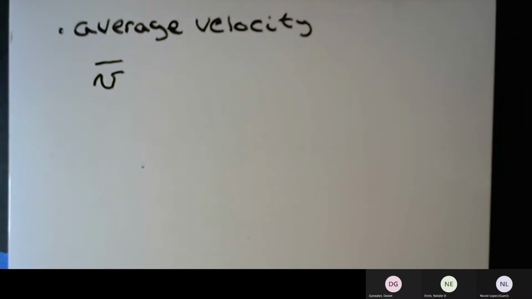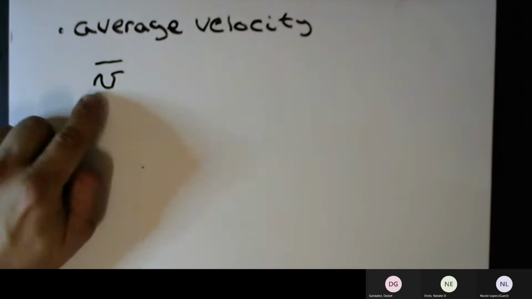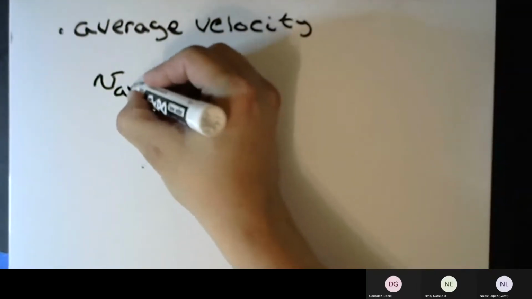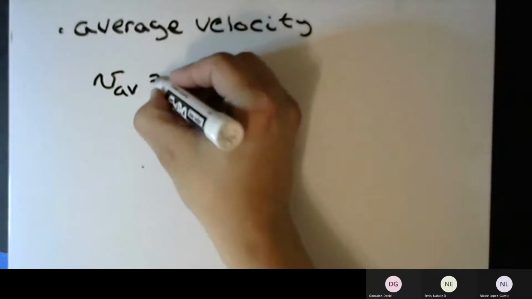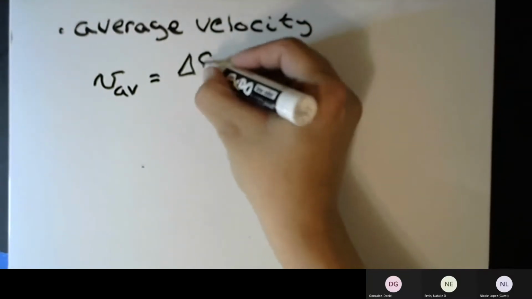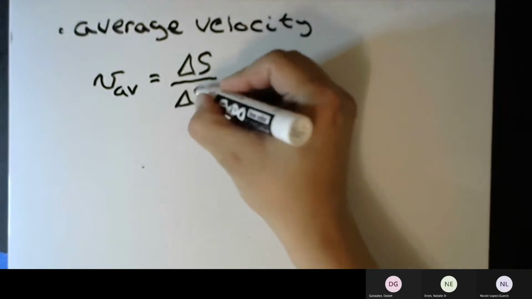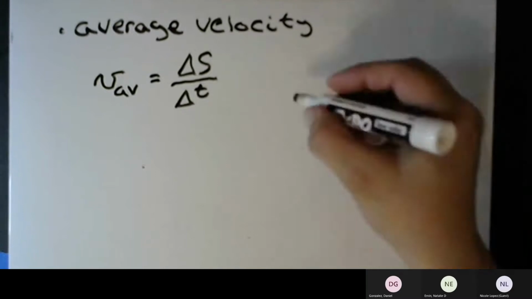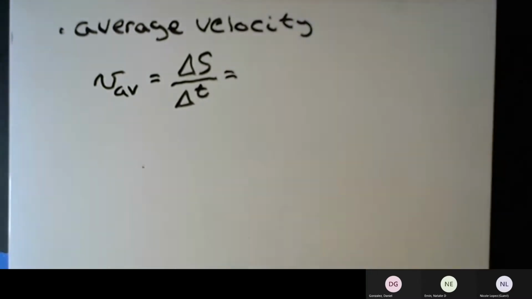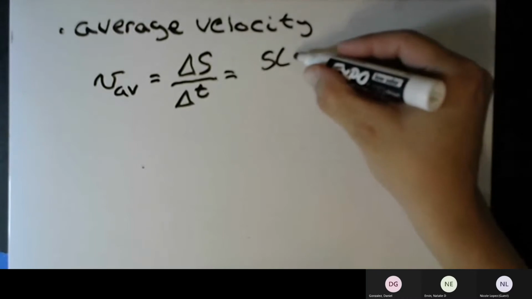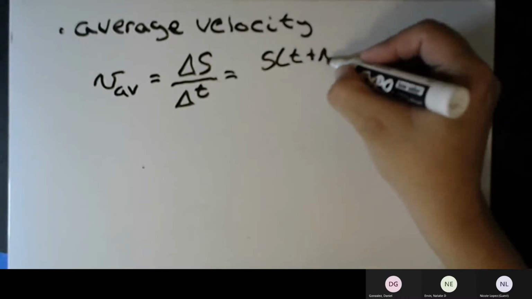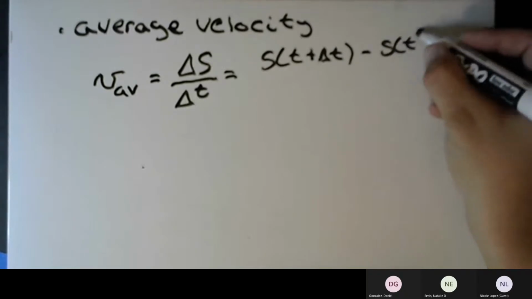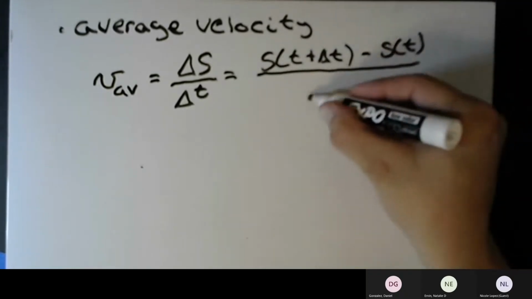Maybe not always the best notation, because when you get into vectors, this might look like a vector. So in the text, they use V av. This is when you take the displacement, delta S, and divide by the change in time, delta T. So this will be S of t plus delta t minus S of t over delta t.